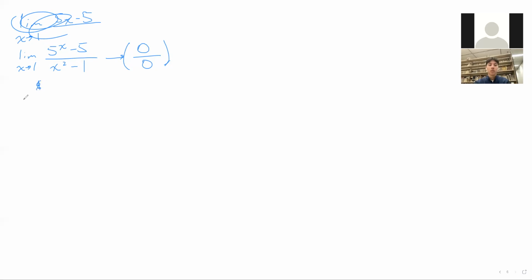So because of that, this thing is equal to the limit as x approaches 1. By virtue of L'Hopital, what other limit can I look at instead?